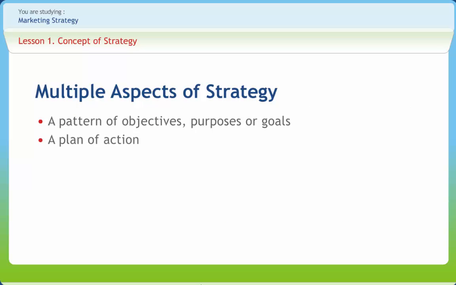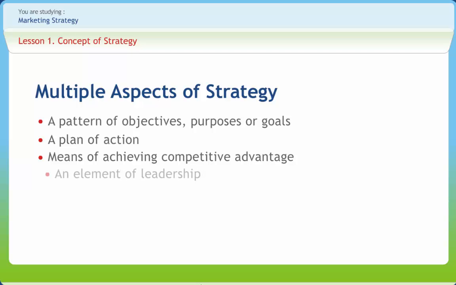Purpose or goal acts as the driver of the future. Strategy is also concerned with the means by which the purpose is achieved. One aim of strategy is to win, and this means beating the competitors. Strategy has close association with leadership. Crafting and executing a winning strategy is the responsibility of leaders.